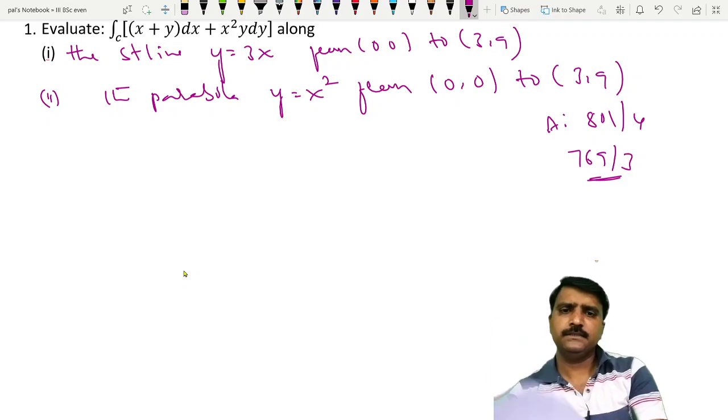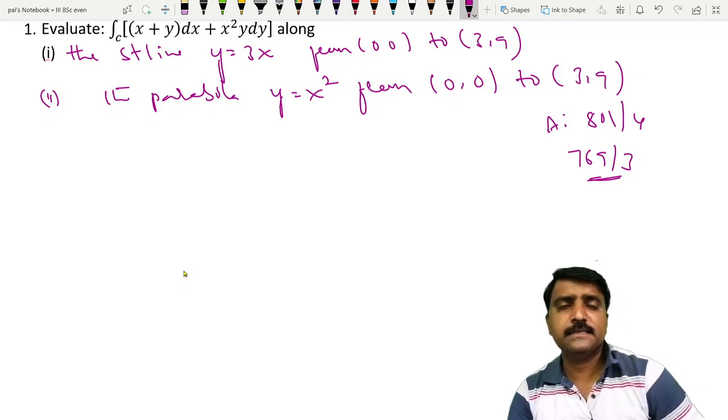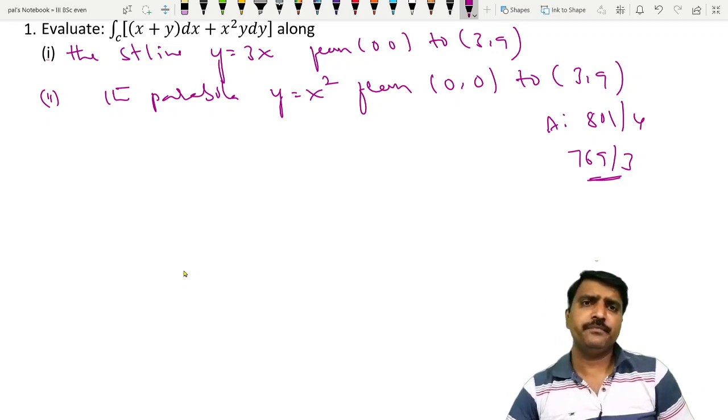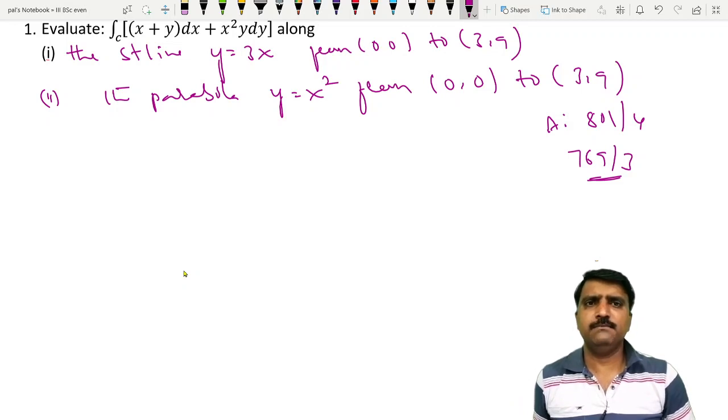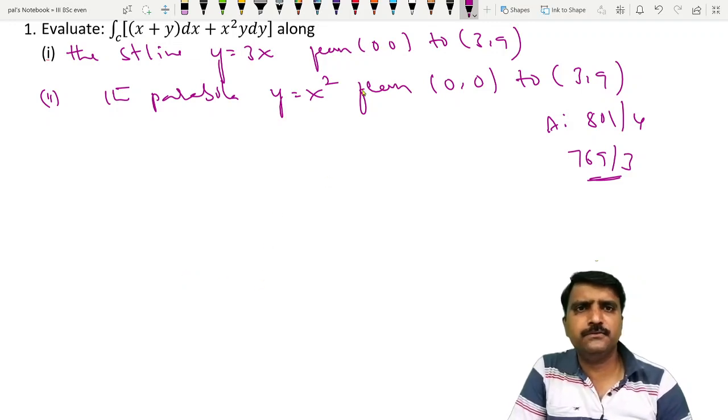So I think I want to solve the problems on complex line integrals. Next class I will discuss Cauchy's theorem, which is related to complex numbers and complex integration. If possible, read the Green's theorem, which you studied in this same paper.